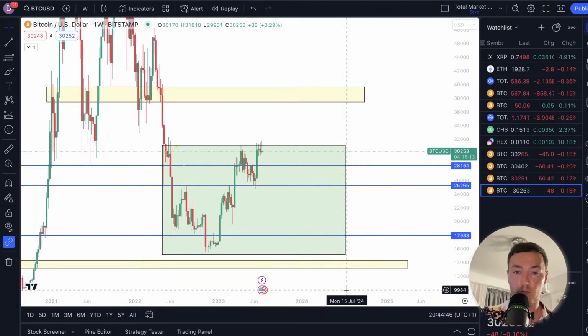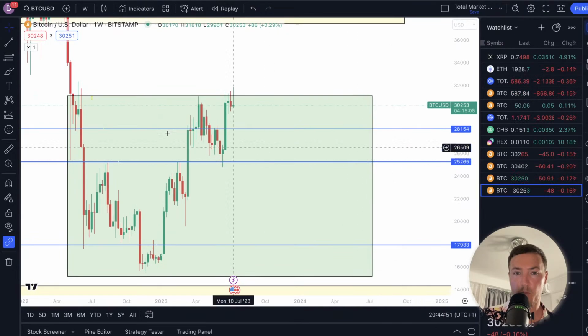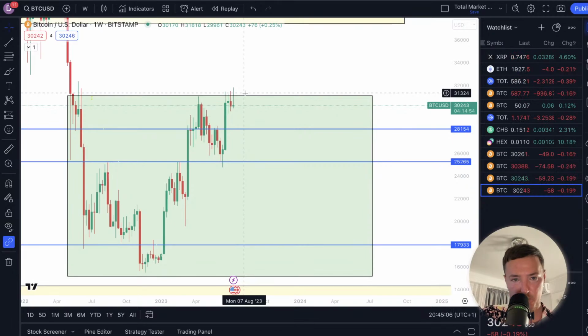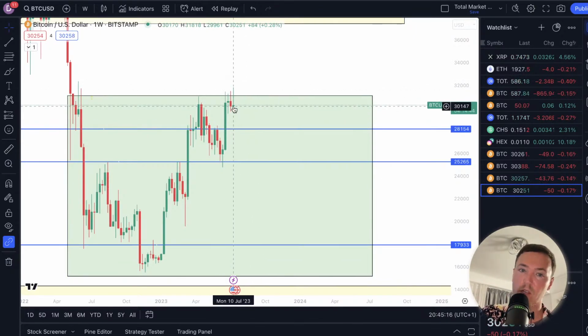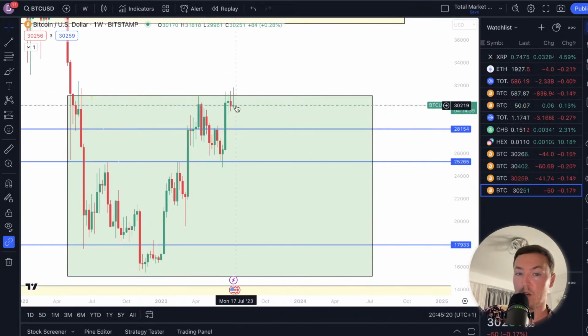Bitcoin won't close the week outside of the range right now unless it has a massive pump. It's not happening. But that's not to say that next week it won't close out. It spent time outside the range and then it closes inside the range. So tonight this candle will close here.